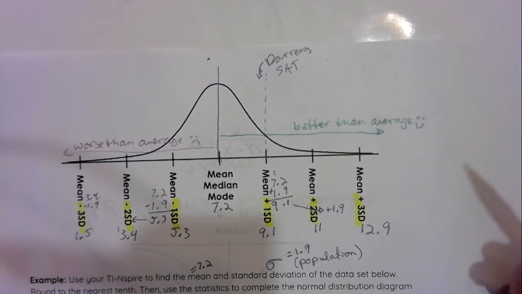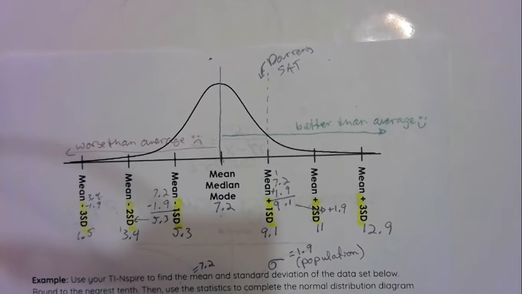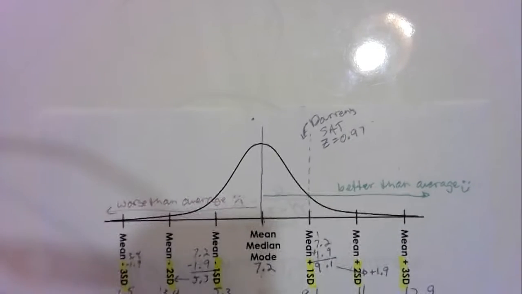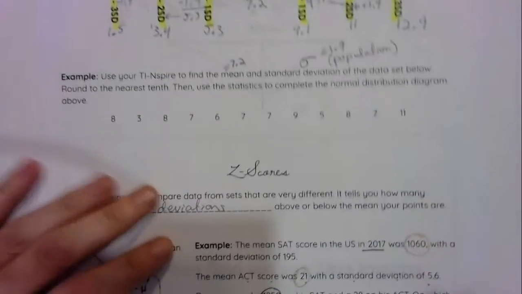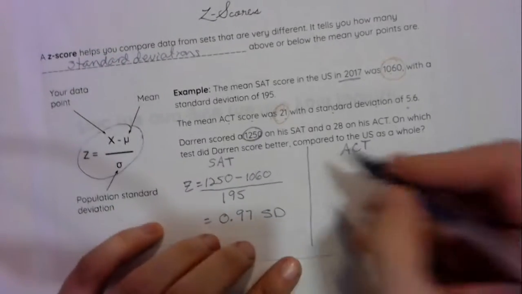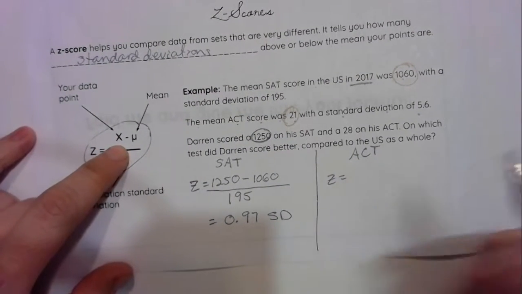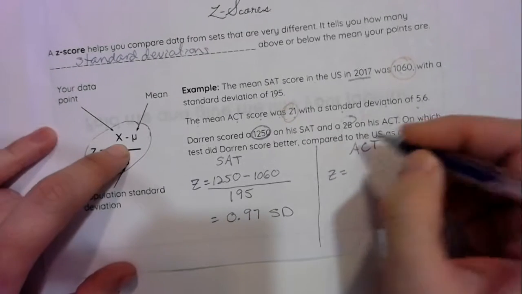But let's see if this ACT is better. So let's go back down. In fact, I'm going to put the number there. Z equals 0.97 right there. All right. So let's look at ACT. Z equals our data point. Darren's score was a 28.